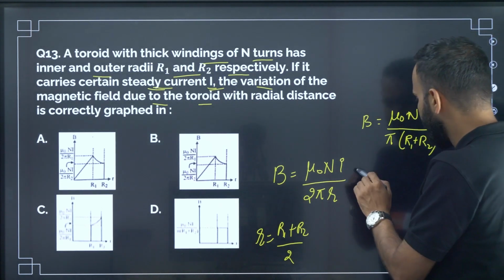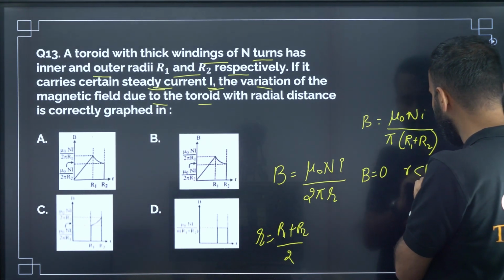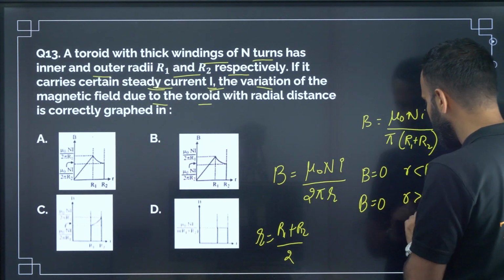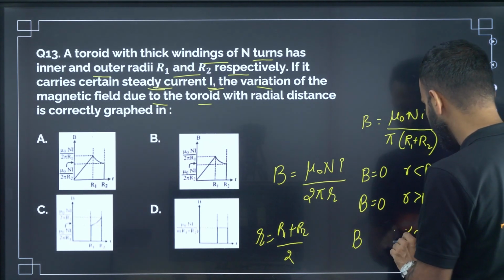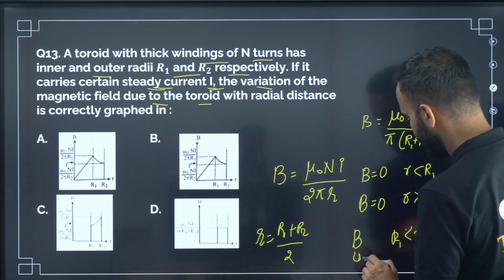So the magnetic field is 0 when R is lesser than R1, the magnetic field is 0 when R is greater than R2, and the magnetic field is B when R lies between R1 and R2, and it is constant.